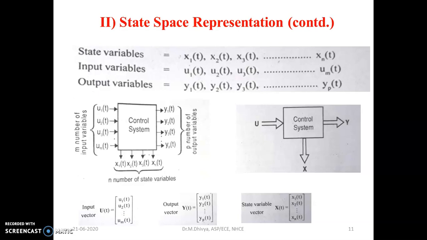If we infer the figure, we have m number of input variables, p number of output variables and n number of state variables. The input variables vary from u1 of t till um of t.